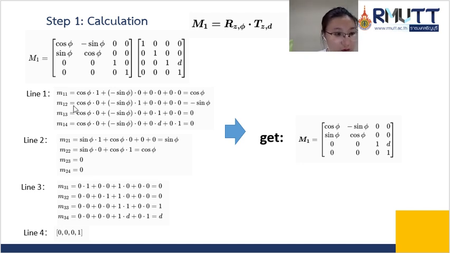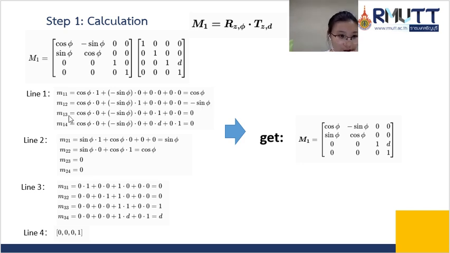The M12 equals cosine phi times 0 plus negative sine phi times 0 plus 0 times 1 plus 0 times 0 equals negative sine phi.